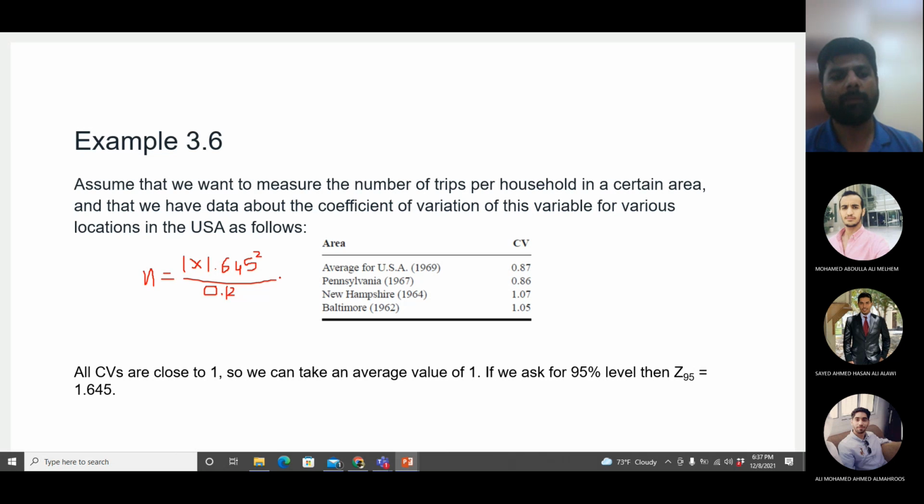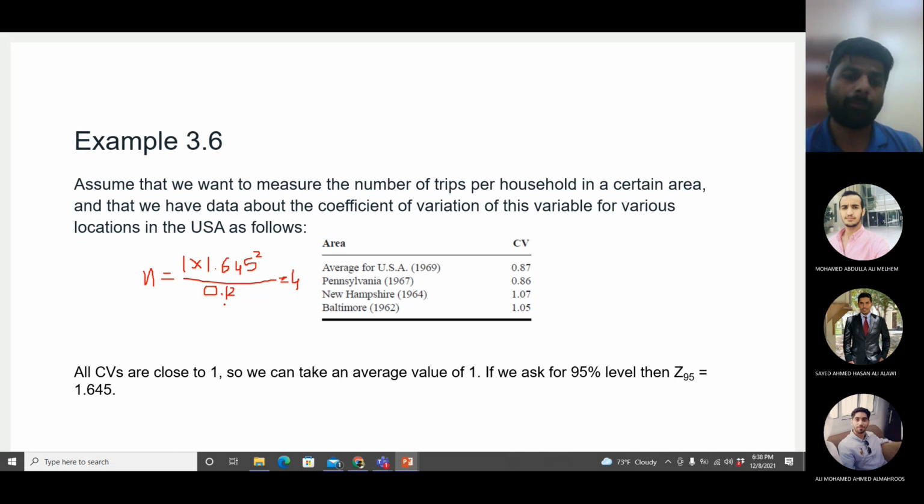So how much n do you have here? What is the value of n? Four, Doctor?